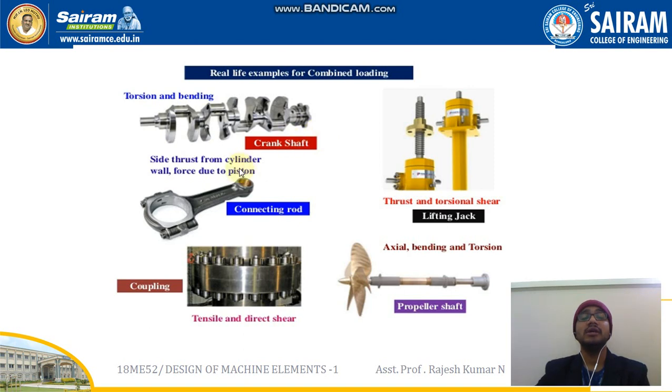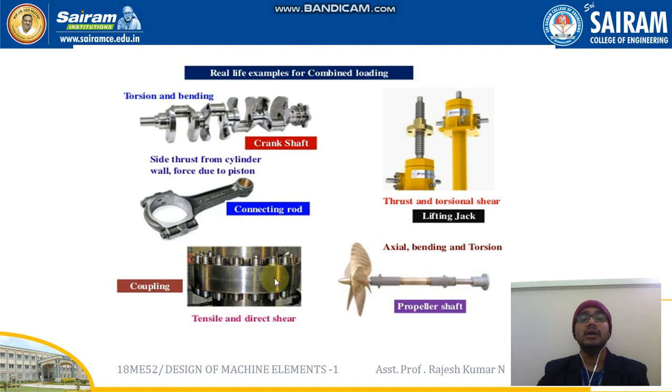Here you can see some real life examples of combined loading. I have taken a crankshaft example where torsion will be there, bending will be there, and even axial load will be there. Apart from that, one more important concept is hidden here, that is fatigue, which we will discuss in upcoming videos. The second example is the connecting rod, and next is a coupling.